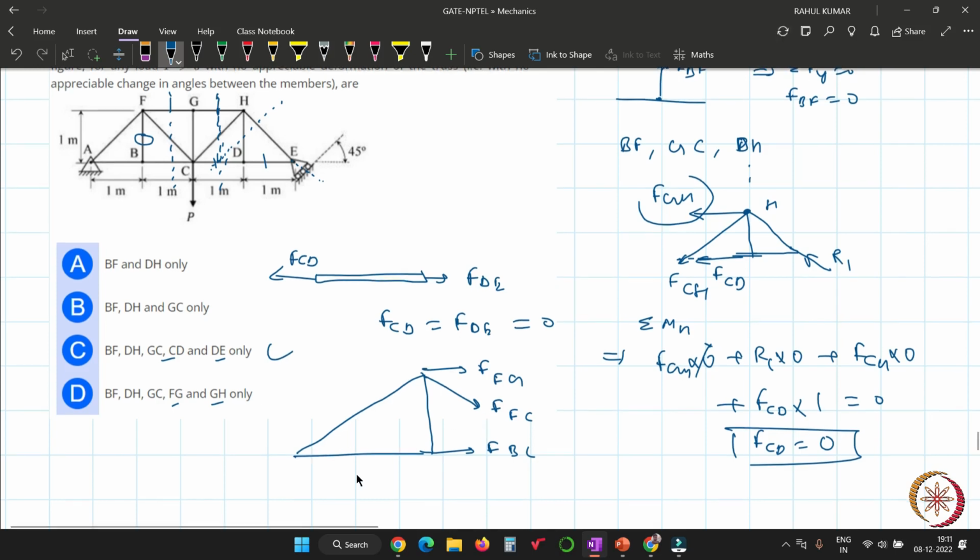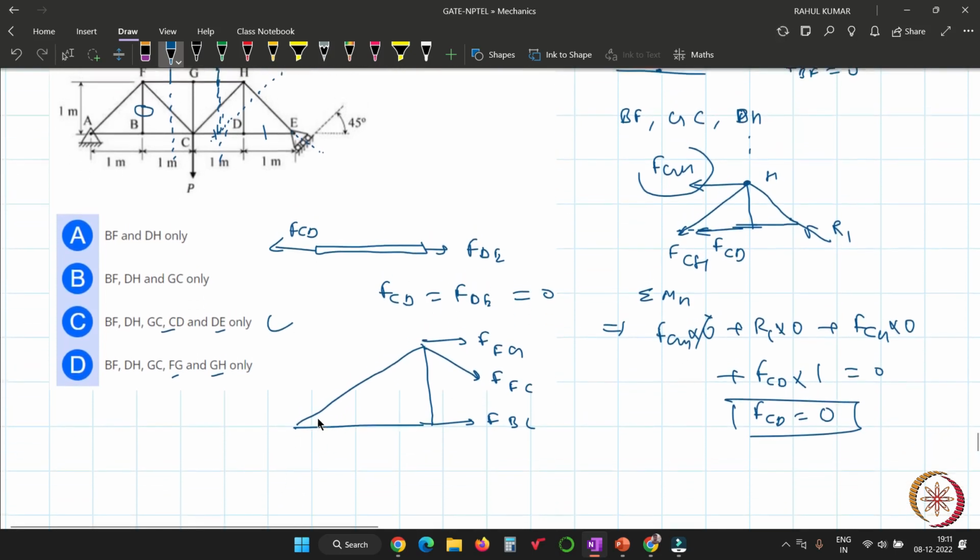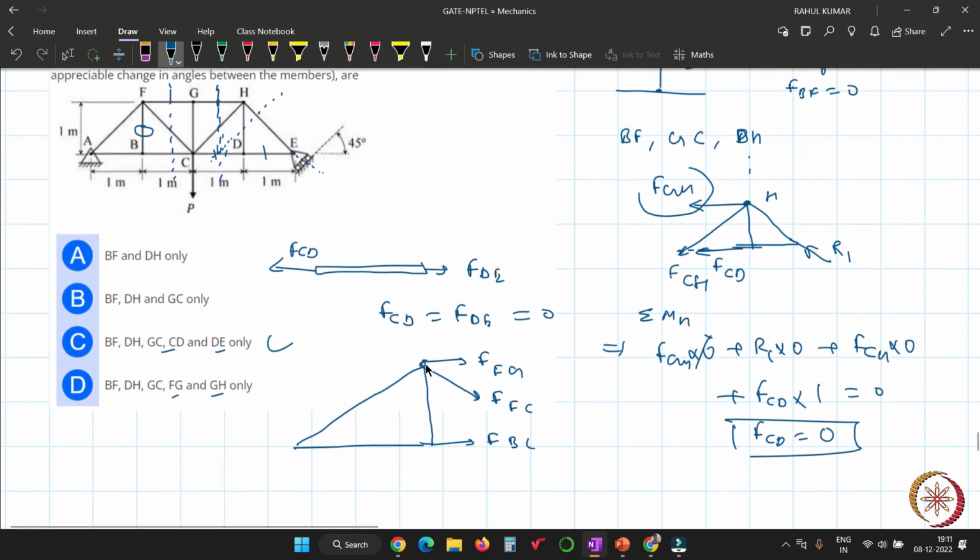If you apply the moment about this point, before applying the method of section you have to choose the point about which you are taking the moment very carefully, because you have to take the advantage. If you apply the moment about this point, then you will not have the advantage. But when you apply the moment about this point, then you will have the advantage.